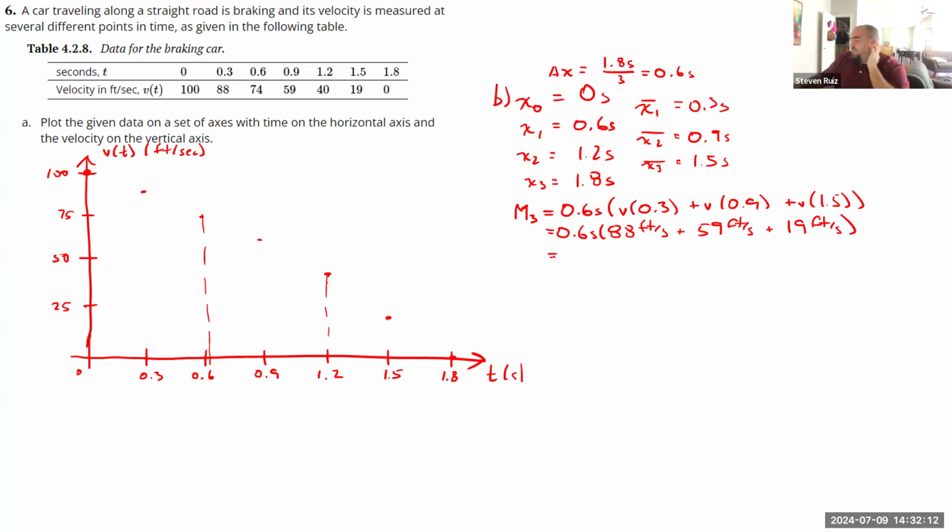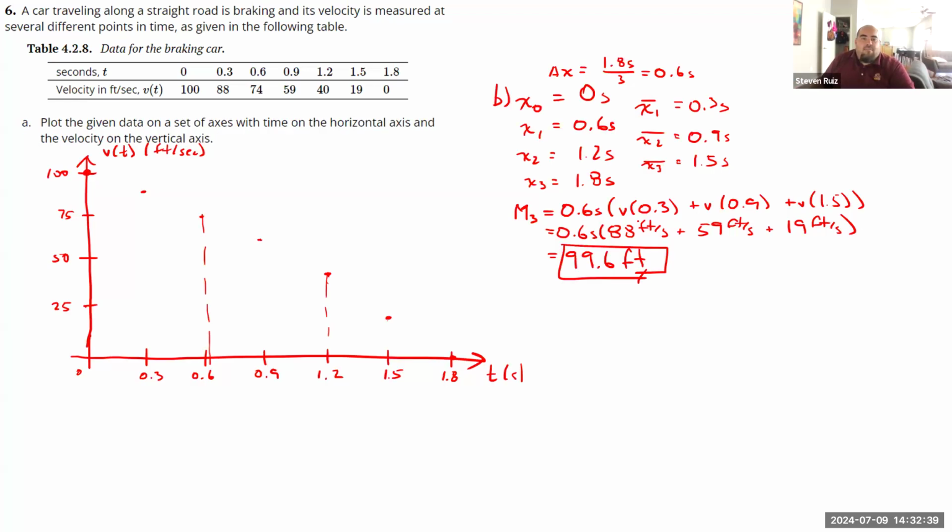So if we get a final estimate there, I get an estimate of 99.6 feet. So that is the estimate from the midpoint Riemann sum.